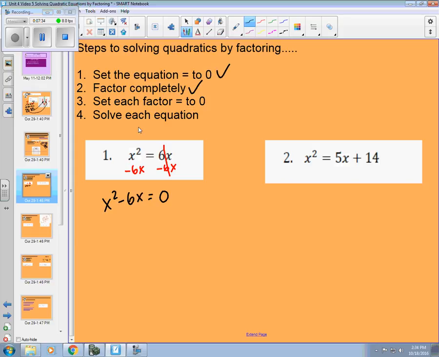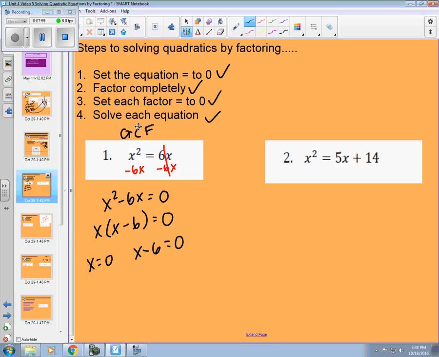Next is to factor. This one has a greatest common factor, a GCF, of x. What do we get if we factor that out? Kind of like the opposite of distributing. We'd have an x left and a minus 6. Okay, so now we got the factoring. Now we want to set each factor equal to 0. So put the x equal to 0, put the x minus 6 equal to 0.